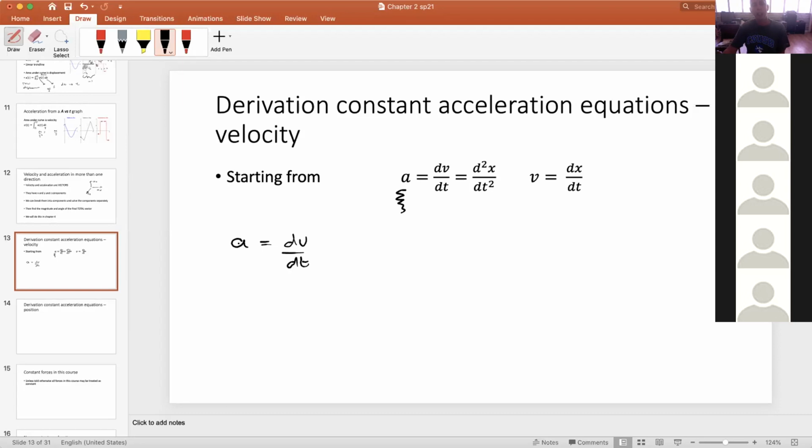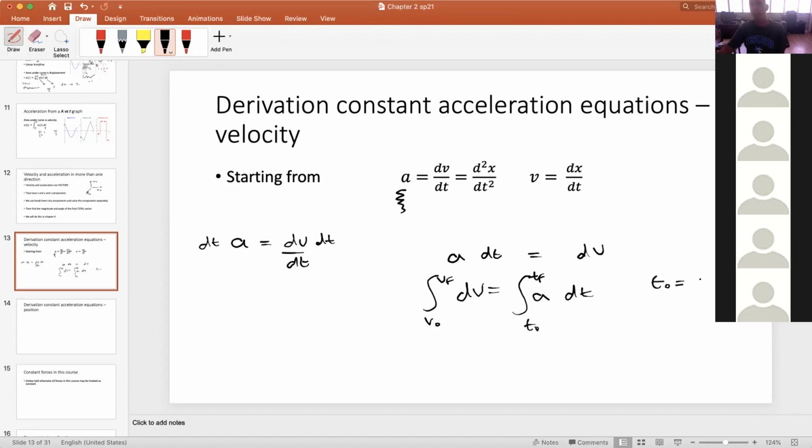We can take this and multiply both sides by dt. And so what we get is a dt is equal to dv, or better yet, dv is equal to a dt. And then we can integrate both sides of this one from v naught to v final. That little 0 just means the initial value, the final value, the initial value of time and the final value of time.